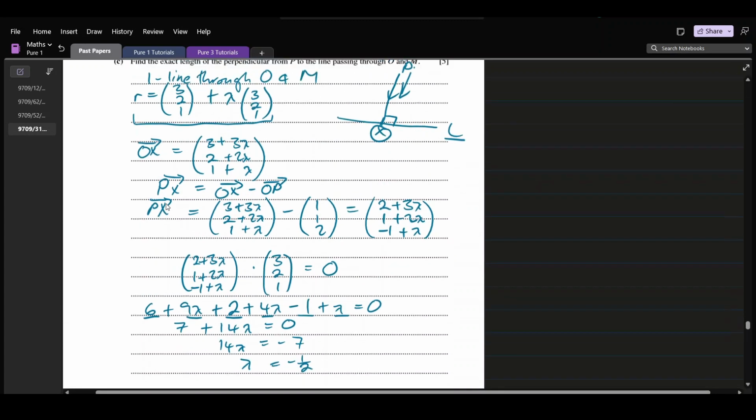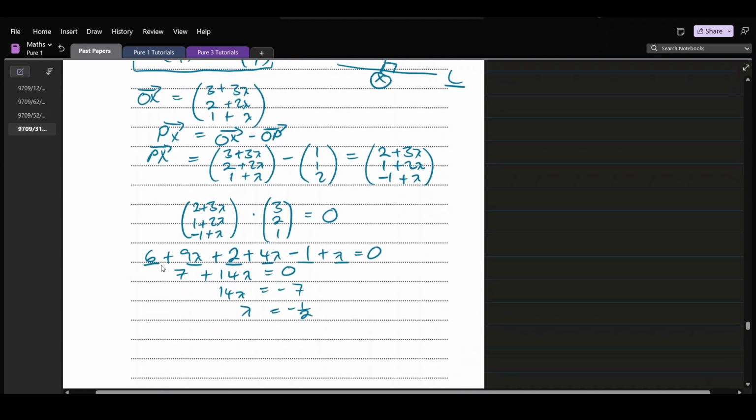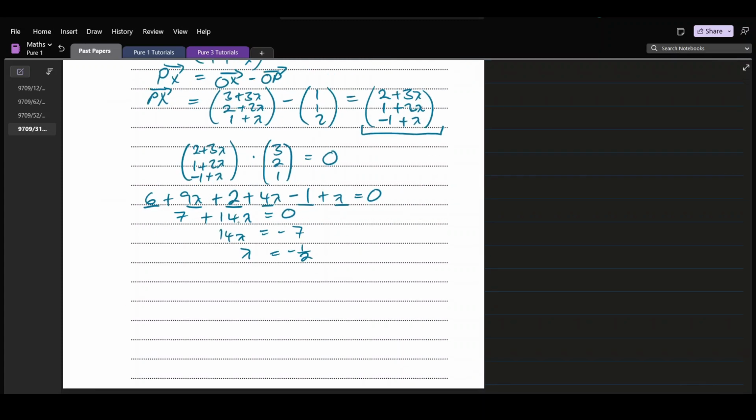Now let's go back to the question. What does the question want? It wants the length of the perpendicular from P to the line passing through O and M. Our perpendicular is PX, which means we need to substitute our value for lambda into PX. We evaluated PX using the general coordinates of the line, and now that we have lambda, PX is equal to 2 plus 3 lambda, that's negative half here, 1 plus 2 lambda, negative half, and then negative 1 plus lambda, negative half.